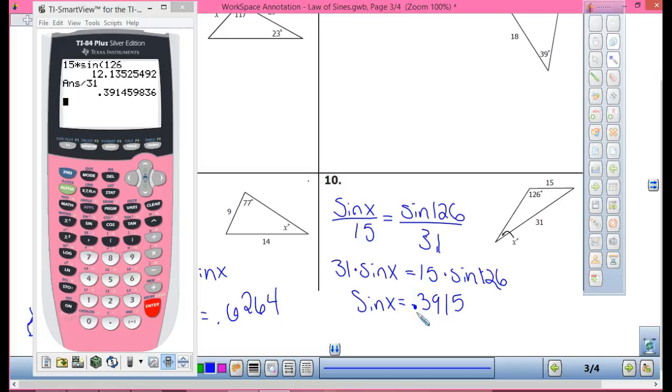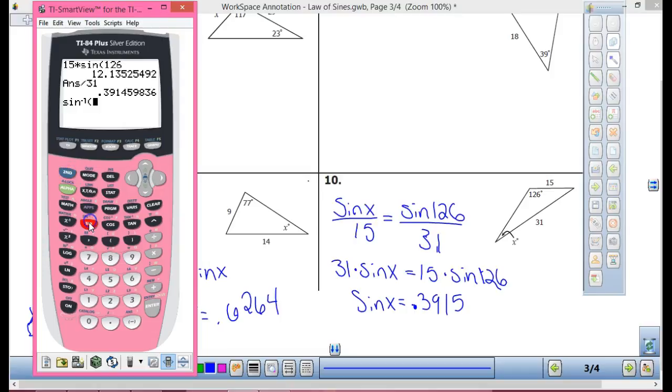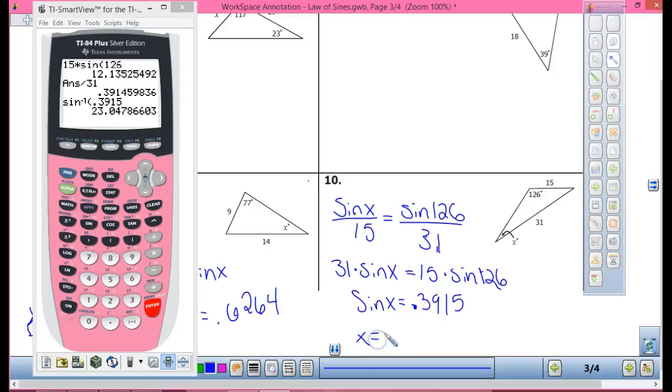Right? Now you can plug it in. Second sine 0.3915. X is 23.0. Right?